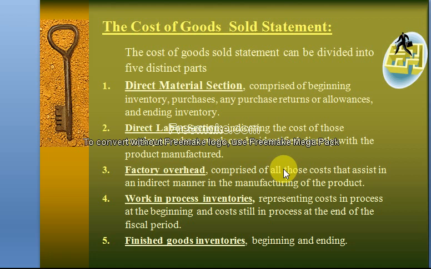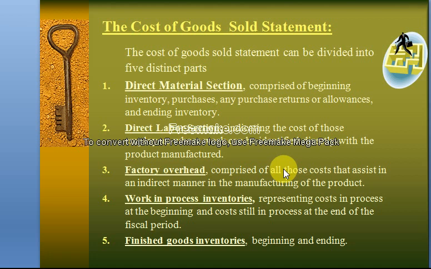Finished goods inventory are goods that have been completed by the manufacturing process or purchased in a completed form. If a company or business is not involved in manufacturing, they purchase the finished goods and sell them.